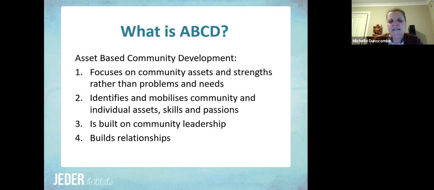And clearly, one of the keys to that is identifying and mobilising community and individual assets, skills and passions. It's built on community leadership, and it builds relationships. So that's a bit of an overview of what we've discussed in previous weeks.